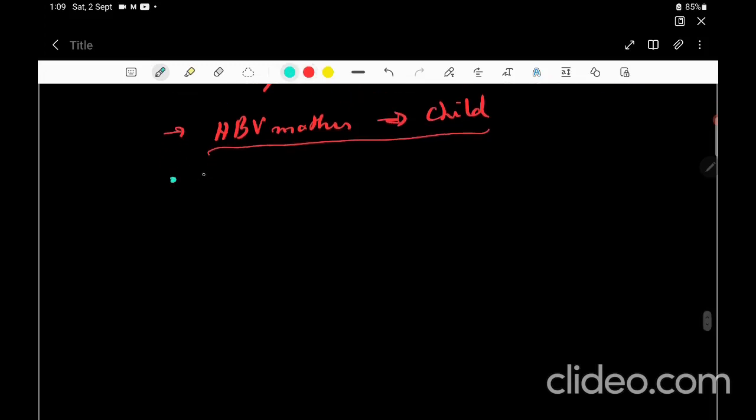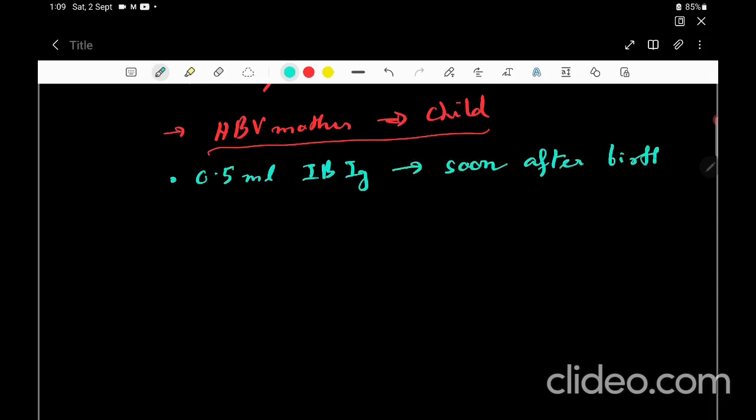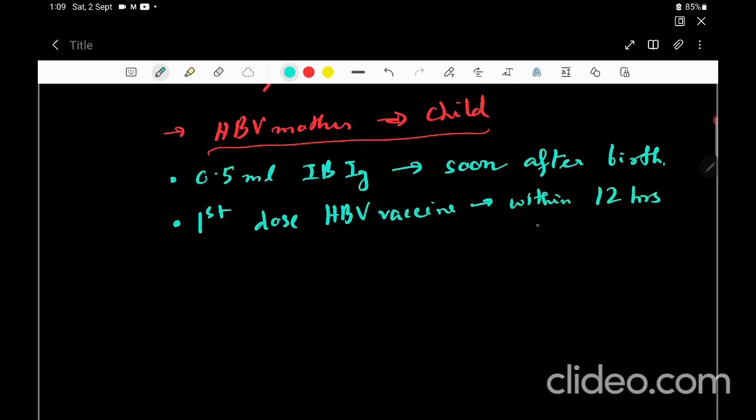We should give 0.5 ml HBIG, the hepatitis immunoglobulin, soon after the birth. The first dose of HBV vaccine we should administer to the child within 12 hours of birth.